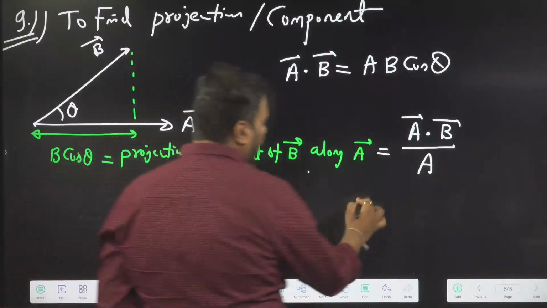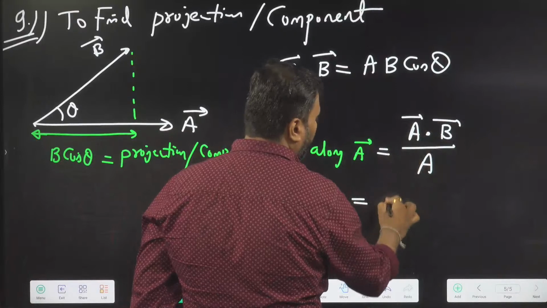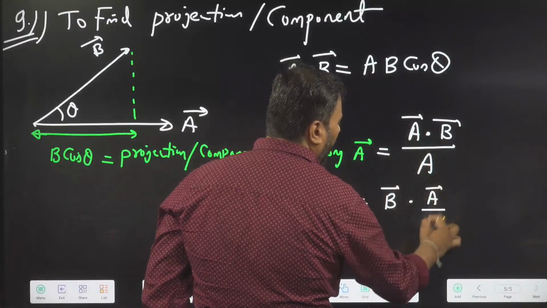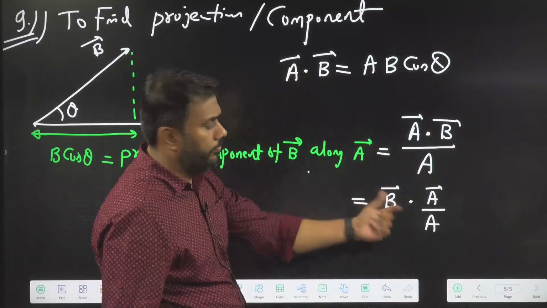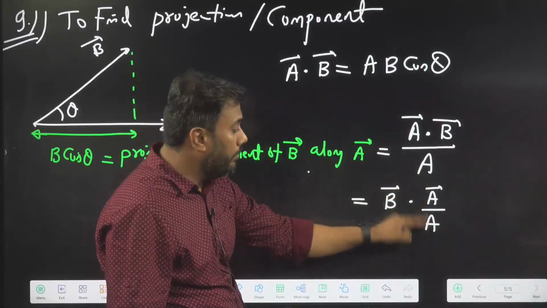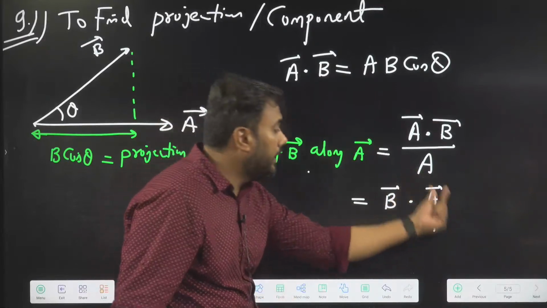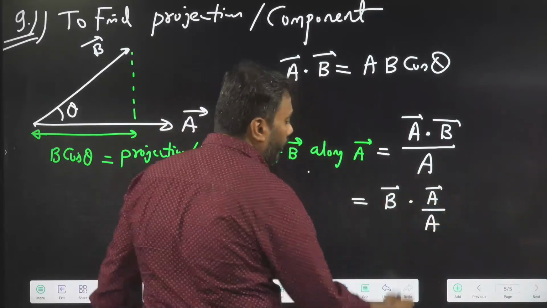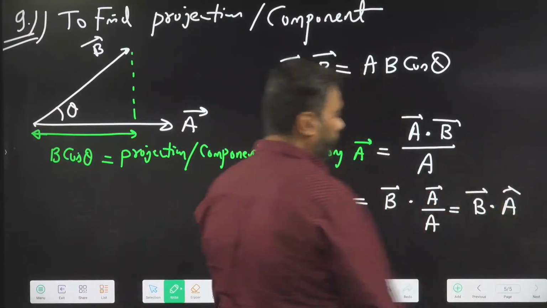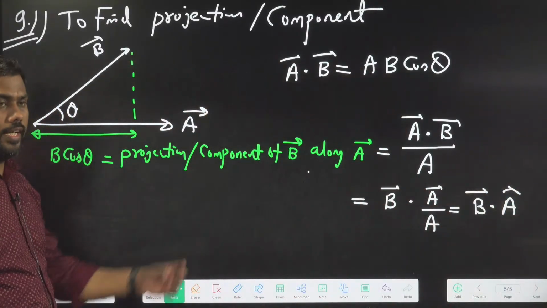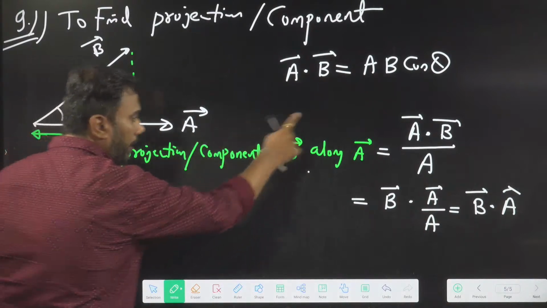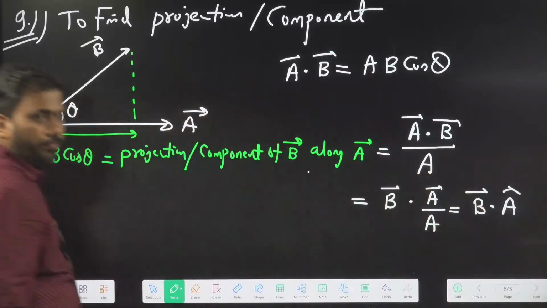Let me rewrite this. I will write B vector first, dot A vector divided by A. A vector divided by the magnitude of the vector itself gives you the unit vector in direction of A. This is B vector dot A cap. So projection or component of B along A is B vector dot A cap.